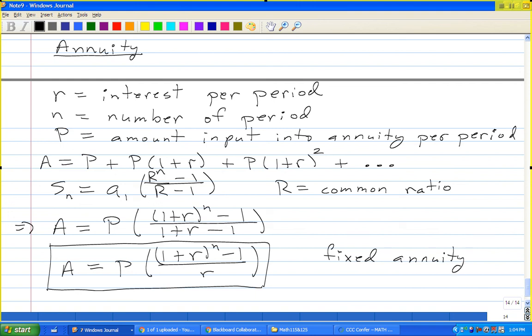This is the amount of money you have in a fixed annuity given that you put P per period for a number of n periods at an interest rate of R per period.